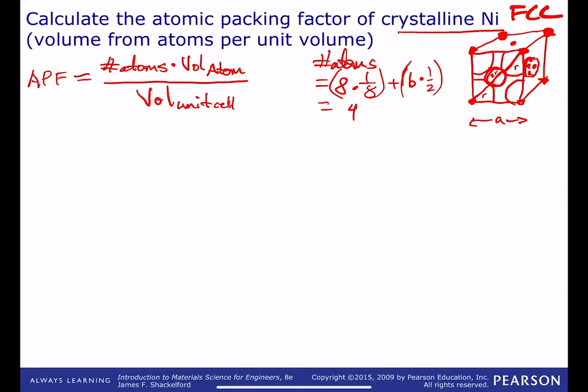The harder part here is now going to be to express the volume of the atom in terms of edge length a. We can apply Pythagoras' theorem to help us. So we know that a squared plus a squared is equal to the hypotenuse squared, and that appears to be (4r) all squared. So this simplifies to 2a squared is equal to 16r squared.